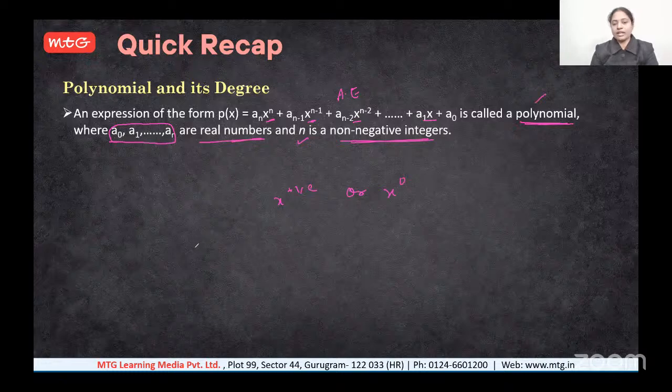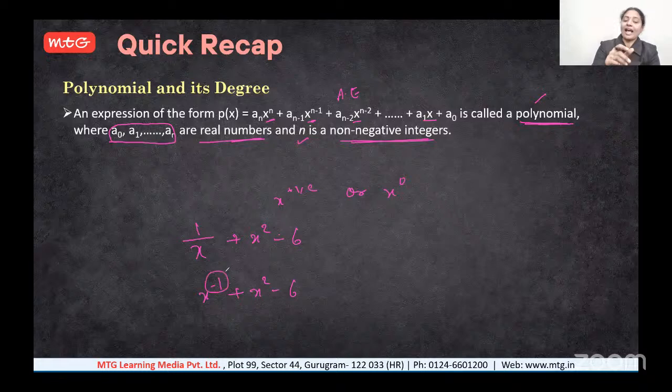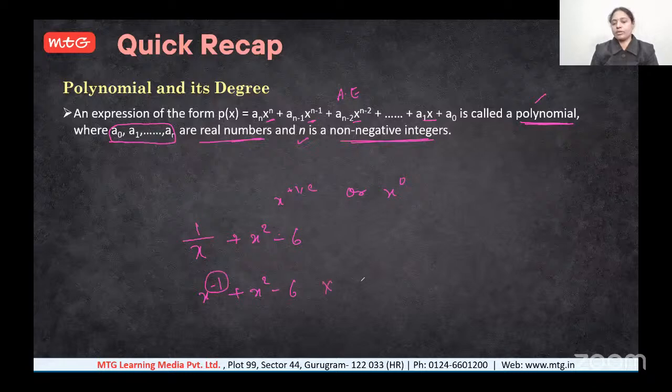For example, if I write 1 by x plus x square minus 6, is this algebraic expression a polynomial? No. Why? I can write it as x power minus 1 plus x square minus 6. This is an algebraic expression, but it is not a polynomial because one term of it has a negative power for the variable x. For that reason, this cannot be a polynomial.